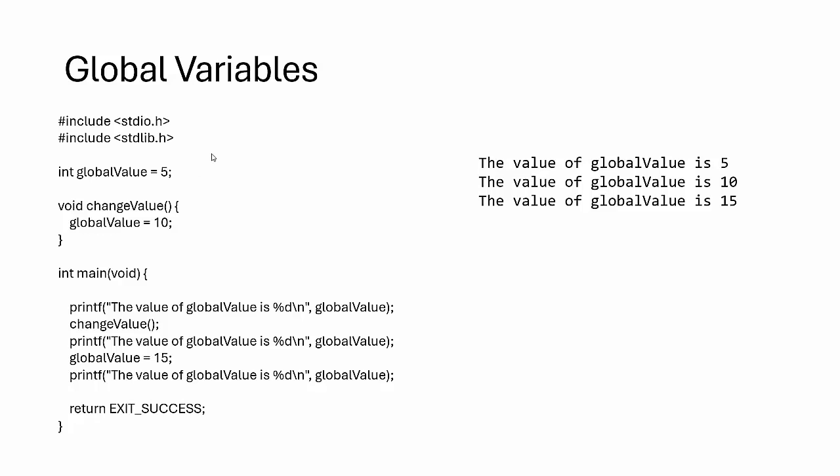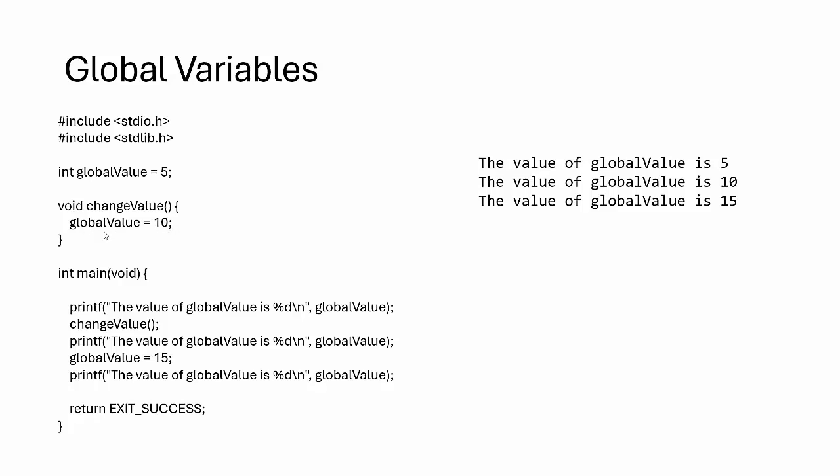So here's my code. Notice outside of any function up here, I have declared a global value, and it is equal to 5. When I do that, that global value is available to all functions, and I don't have to declare it in the function. Notice I have a function here that changes that value.